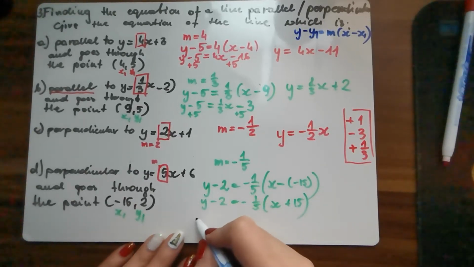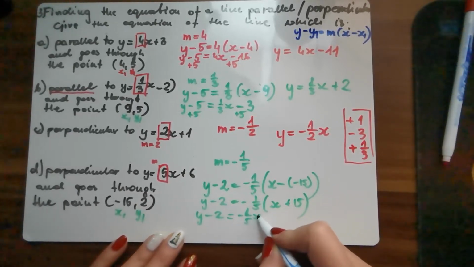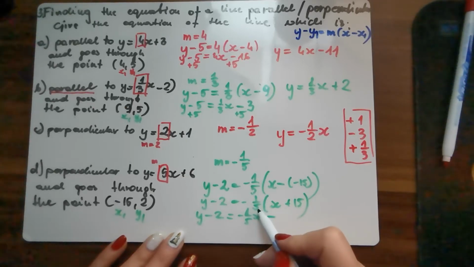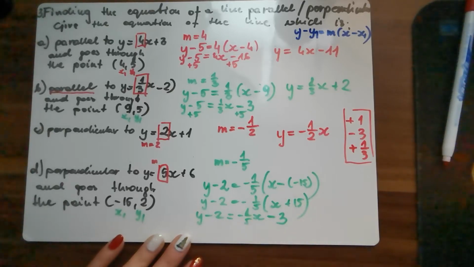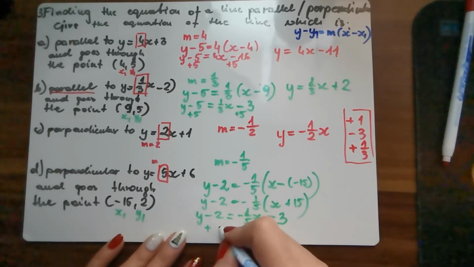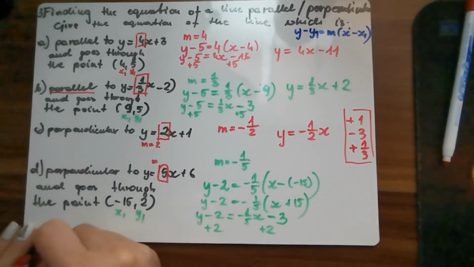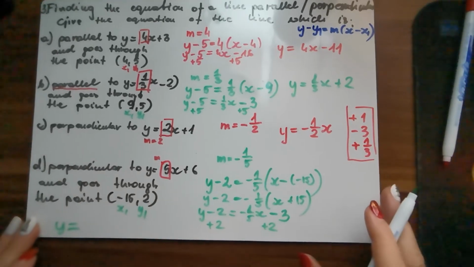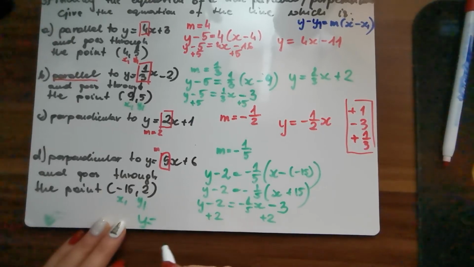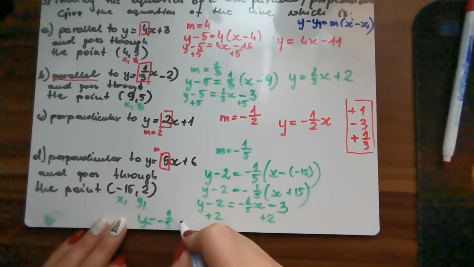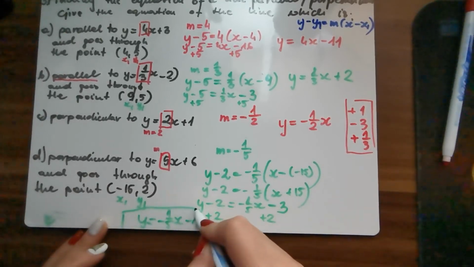Now we can expand the bracket, so it will be y take away 2 is equal to negative 1/5 x, take away negative 1/5 times 15, which will be negative 3. So rearrange, add 2 to both sides, so we'll get the equation y is equal to negative 1/5 x minus 3 plus 2, which is negative 1/5 x minus 1.